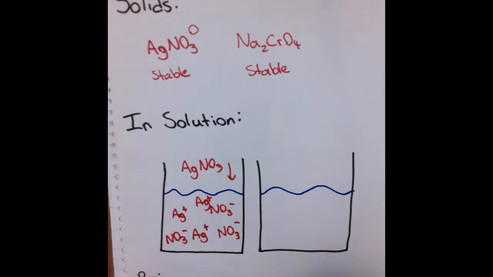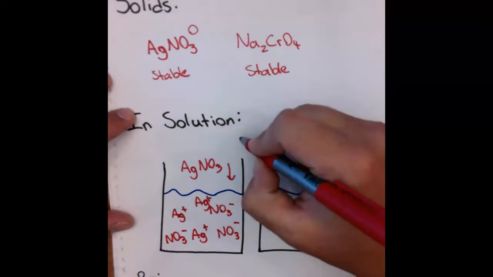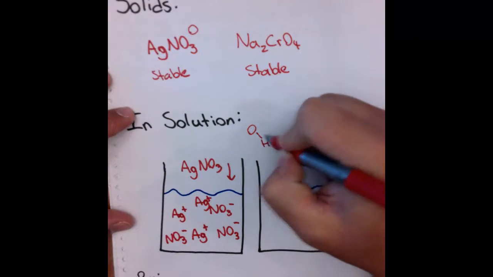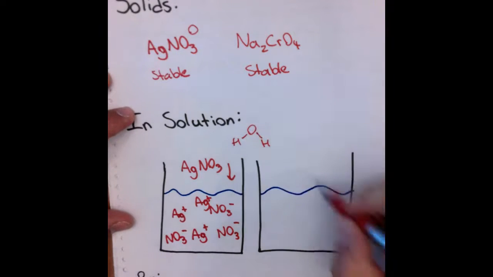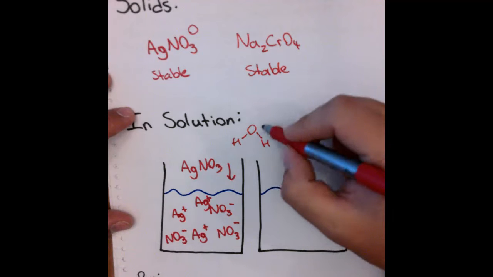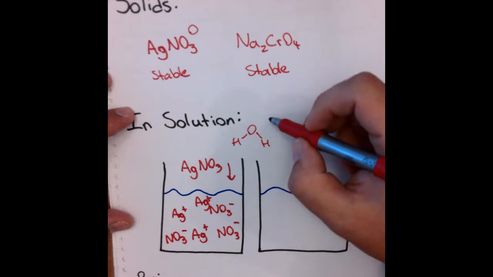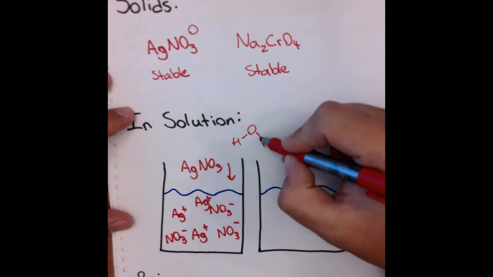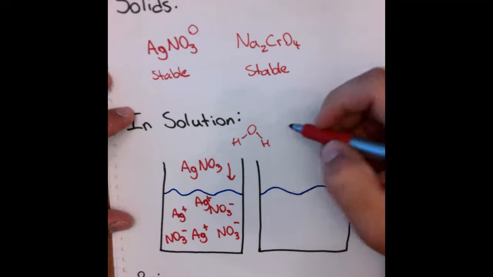As we looked at before when we were discussing our solutions, we need to remember that our water molecules, our H2Os, are going to be polar in nature. Because our oxygen here is much more electronegative than our hydrogens, it is going to pull the electrons from these bonds up towards itself.